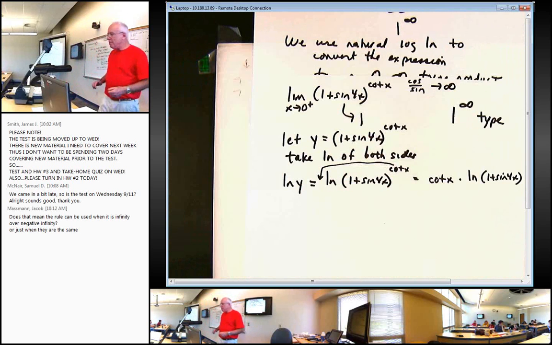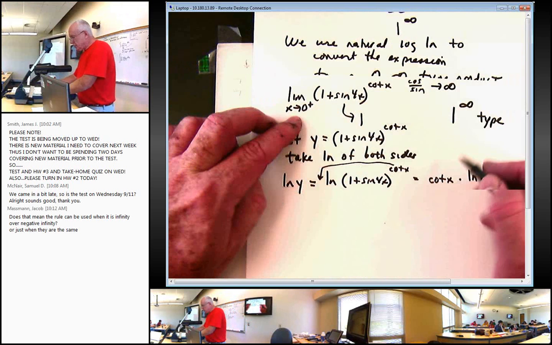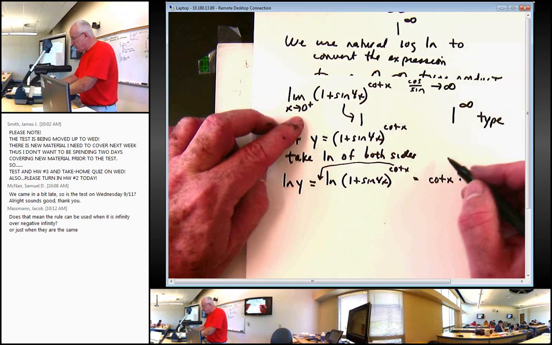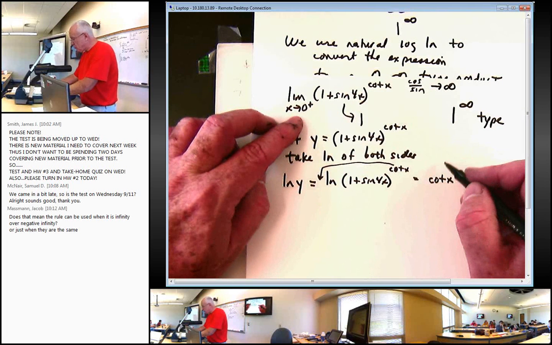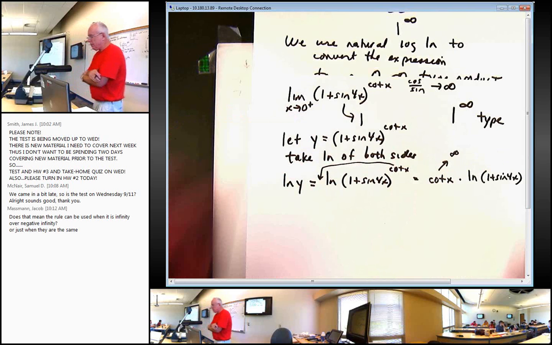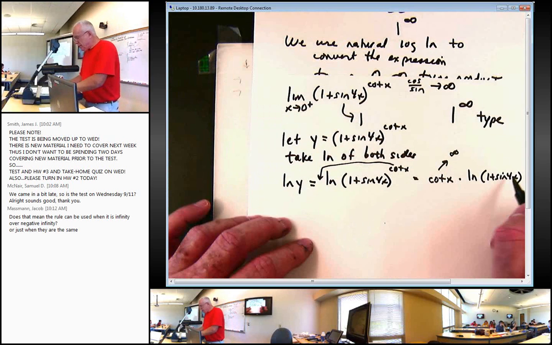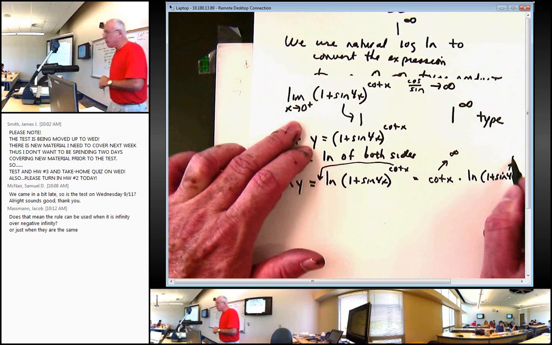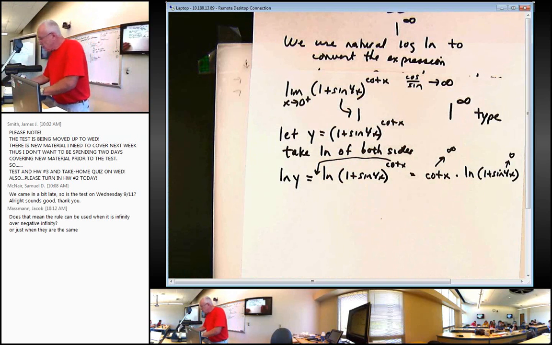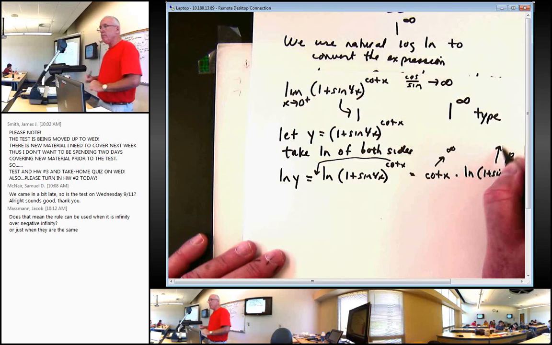Okay, what happens here when x goes to 0? Well, the cotangent of 0 goes to infinity, right? It's cosine over sine. And when x goes to 0, the sine of 4x is going to go to 0. So 1 plus the sine of 4x goes to 1.